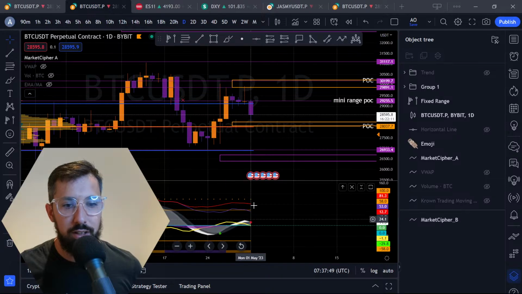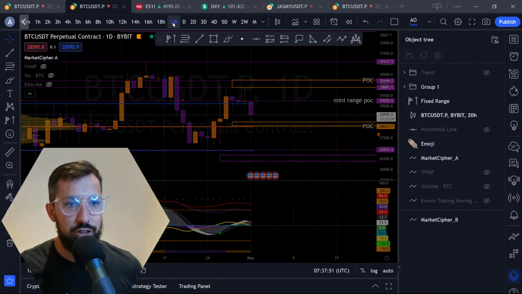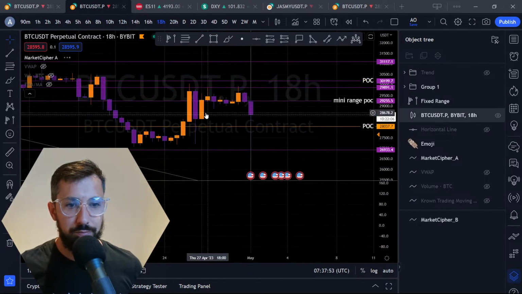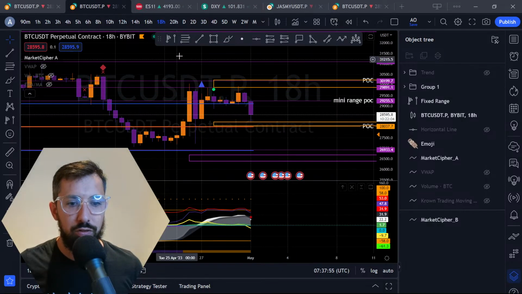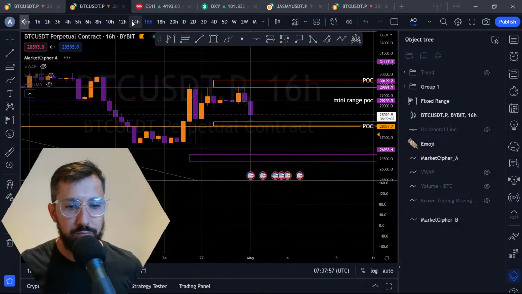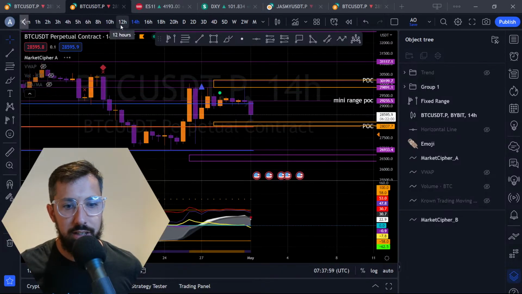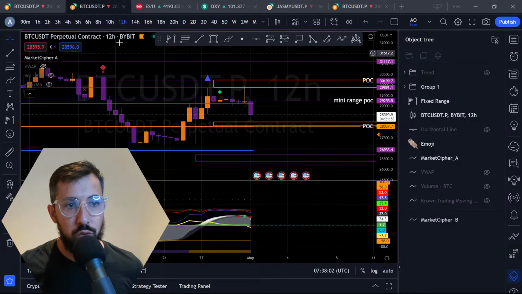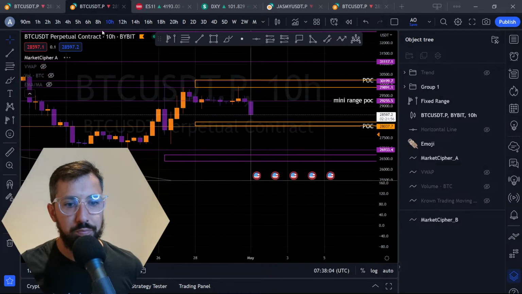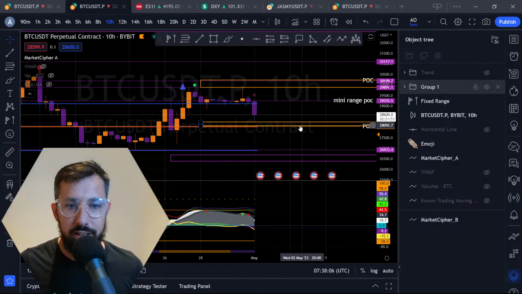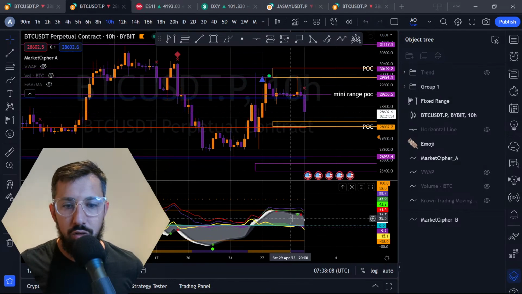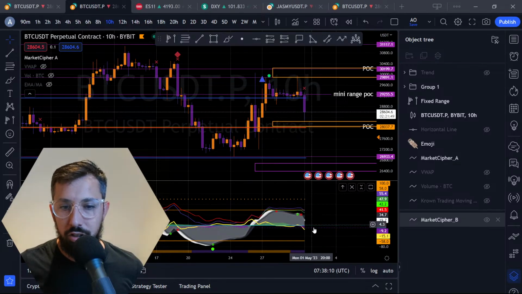So daily, red dot, looking to print, continuation. Okay, as we flip through here, 18, red dot, hasn't printed yet. 14 hasn't printed yet. 12 hasn't printed yet. Okay, red, we're down to the 10 hour and it's printed. Red dot, 10 hour confirmed, curling over, money flow dropping into the red.